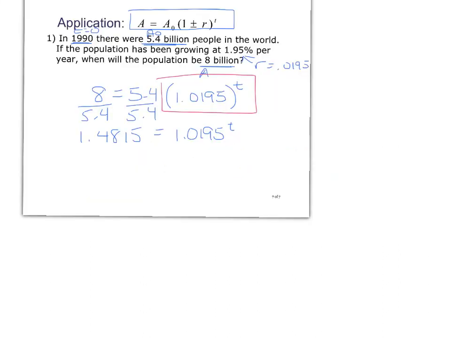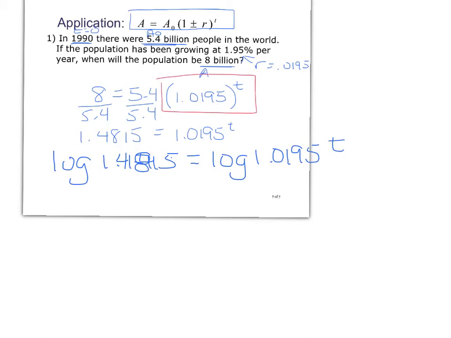Okay, I needed a little more space. So remembering back, I'm just going to take the log of both sides. 1.4815, sorry about that, is equal to the log of 1.0195 to the t. That will move this out front, and from there I can just divide by the log of 1.0195.